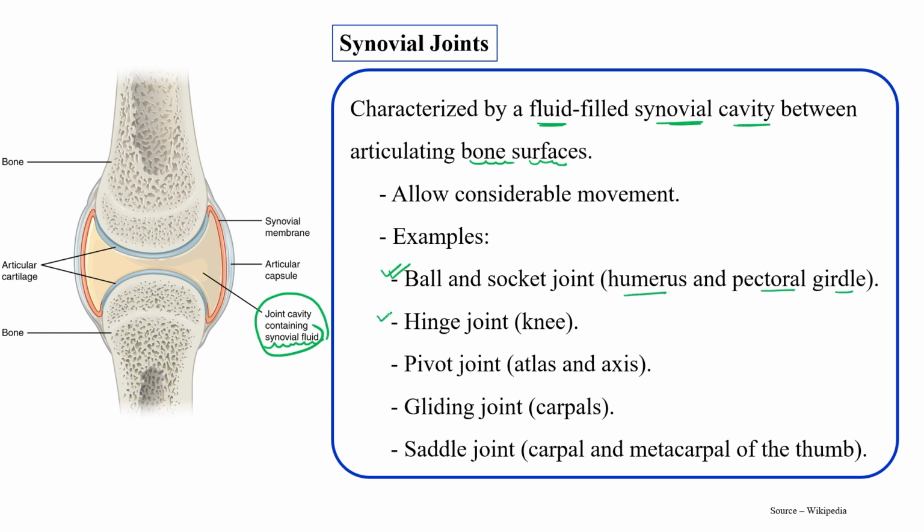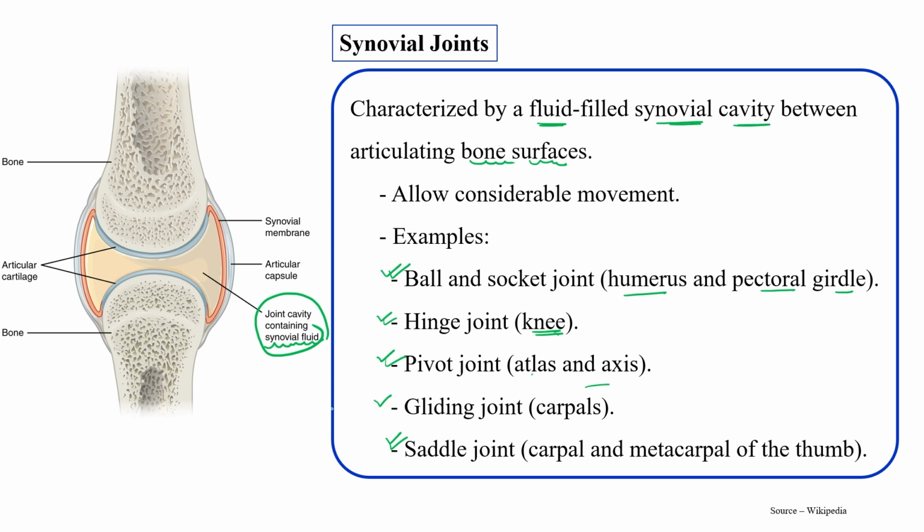Hinge joint means knee joint, right? Pivot joint, which is present between atlas and axis. Gliding joints, which are present in the carpals, right? Saddle joint, which is present in the carpal and metacarpal of the thumb.